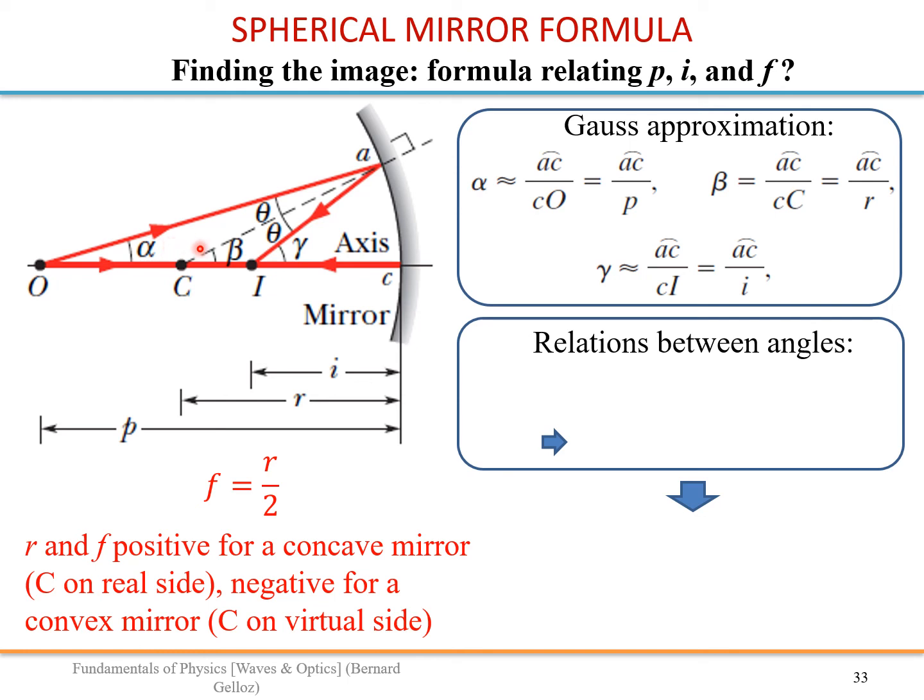Because if we know what is this angle, we know what is beta. So we can express beta as a function of alpha and theta, and we find beta equals alpha plus theta. So you can check that it works this way, and using exactly the same trick, but in this case using OIA, you can find that gamma is also equal to alpha, but plus this angle, which is 2 theta.